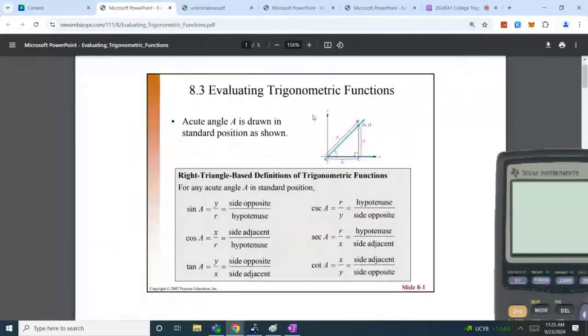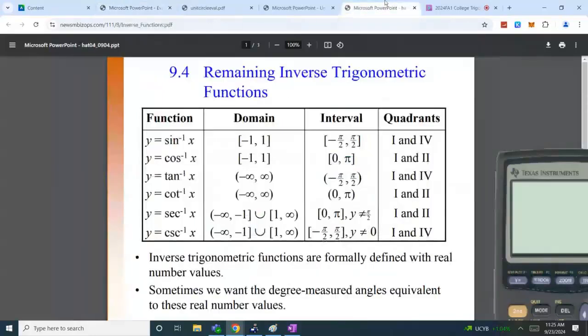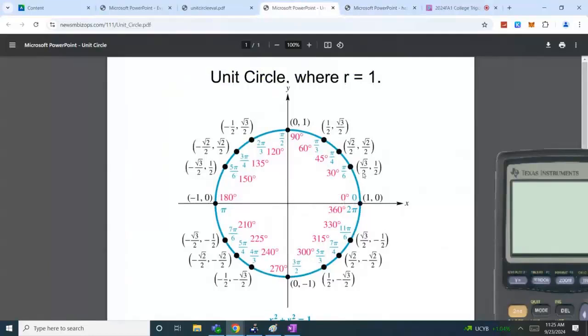I believe this was the only set of formulas that are not actually on that formula sheet. It says that the sine of any angle is the y value over the radius. So if I'm in the unit circle, I can take the y value and put that over r. In the unit circle, the sine value simply takes on that y coordinate.